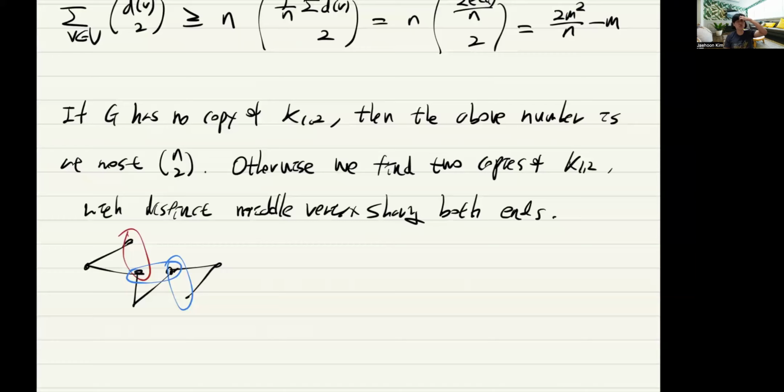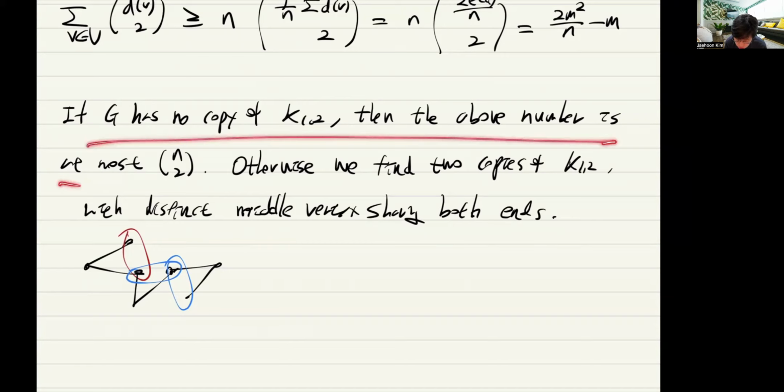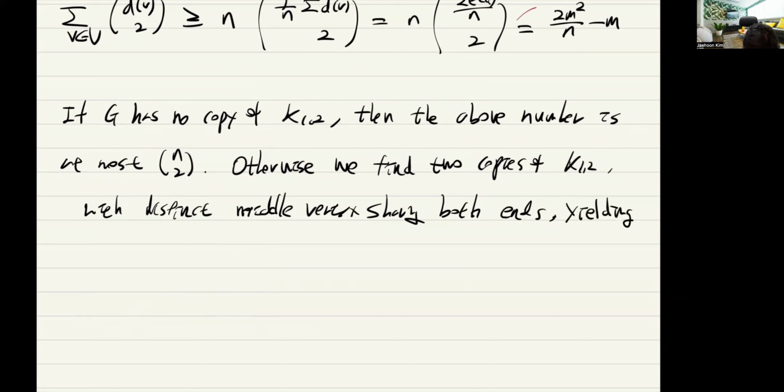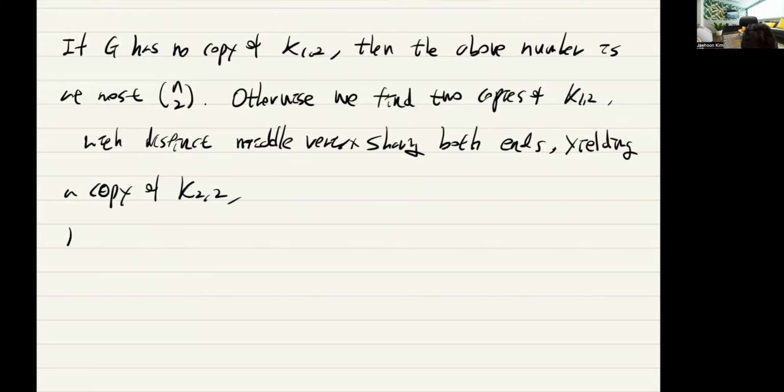There are at most n choose 2 pairs to count. If there are more than n choose 2 copies of K_{1,2}, then some pair must be counted twice. In that case, two of them count the same ends, so we get K_{2,2}. This yields a copy of K_{2,2}. Hence, we know that this number is at most n choose 2.